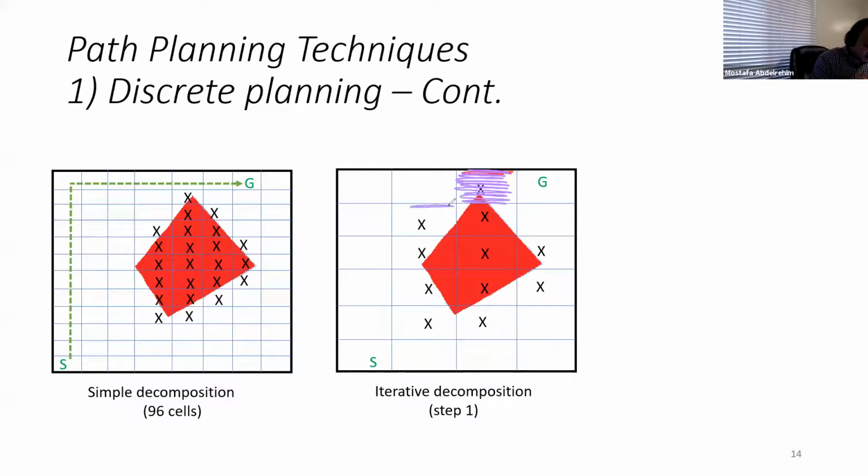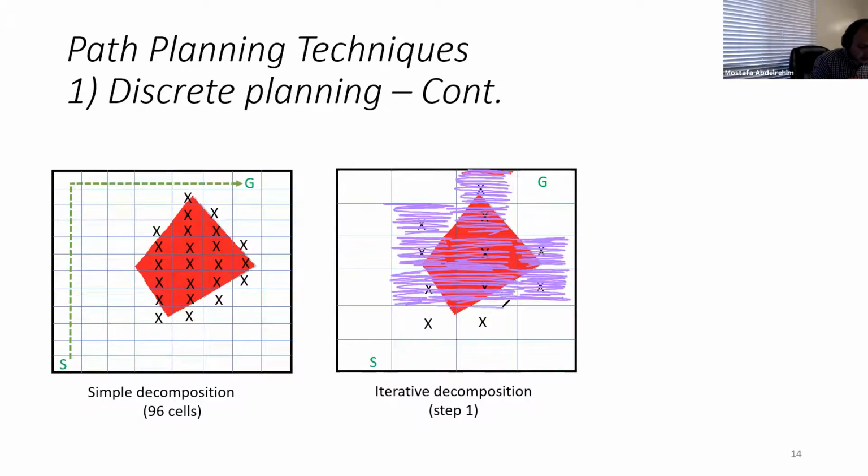This cell will be forbidden. This one also. This one. These two. And finally, these two.